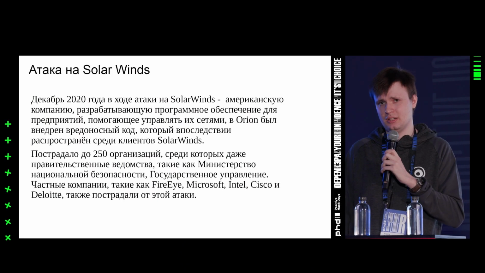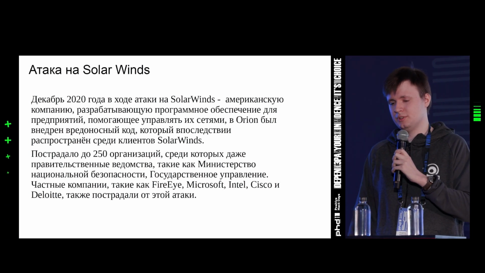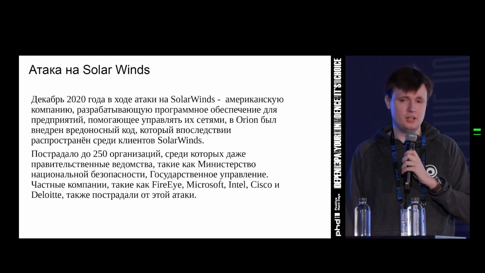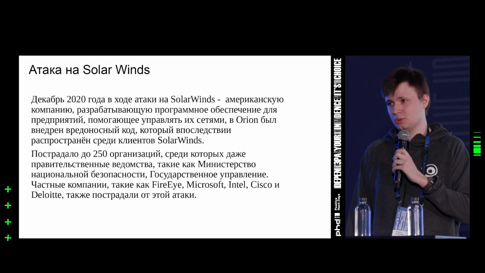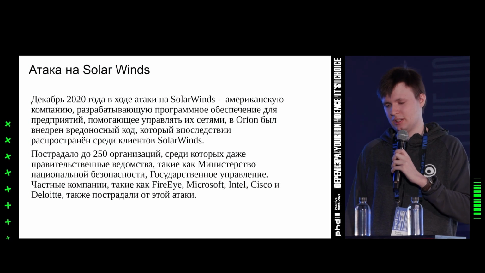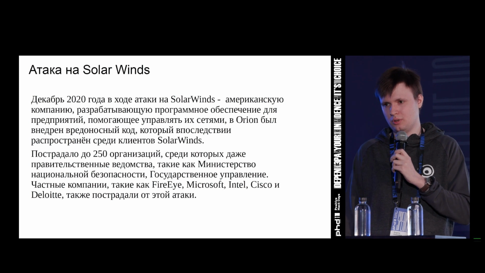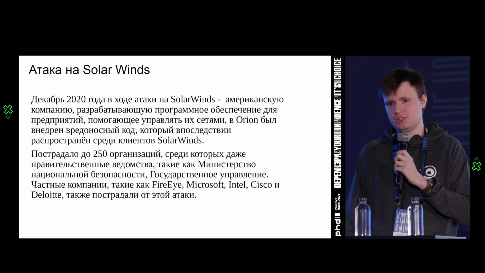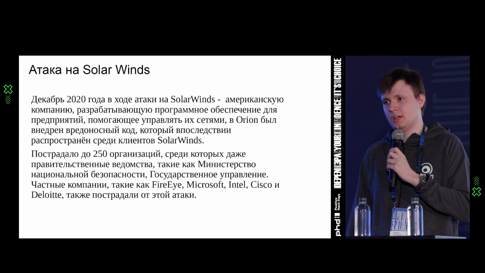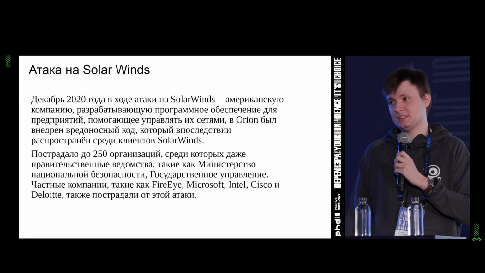One of the highest profile attacks happened in 2020. It all started in spring, and it was discovered only in December. This attack on SolarWinds resulted in modifying software helping the company manage the networks.